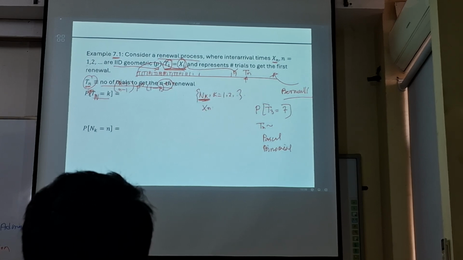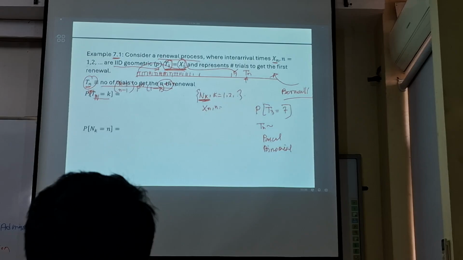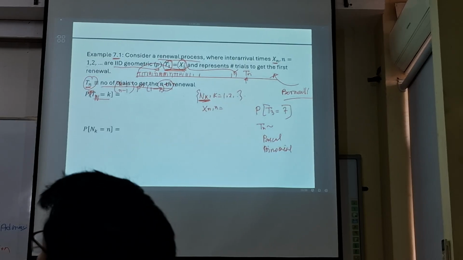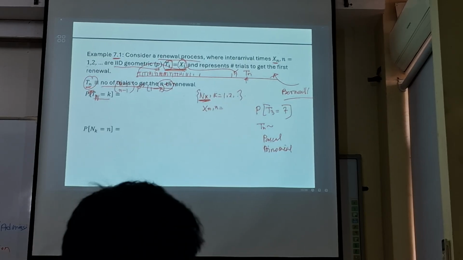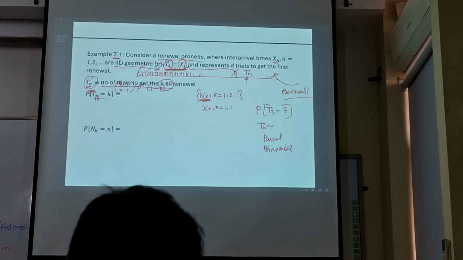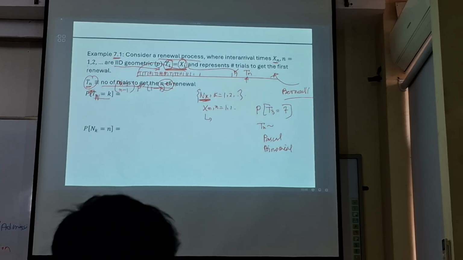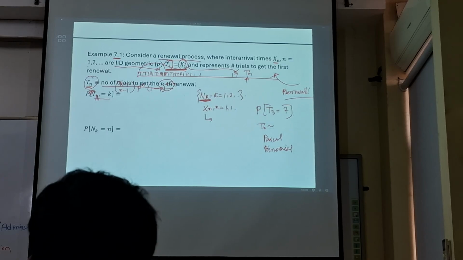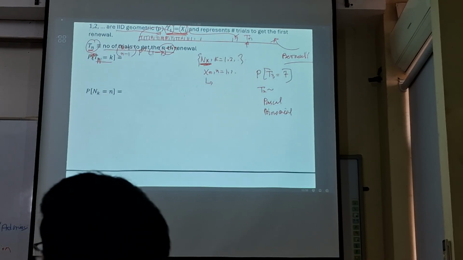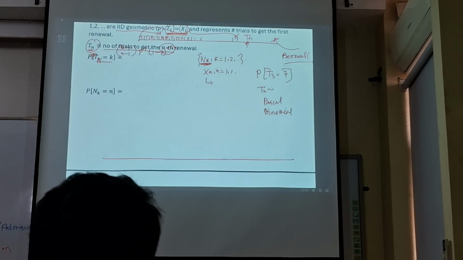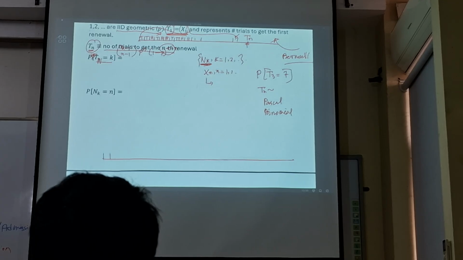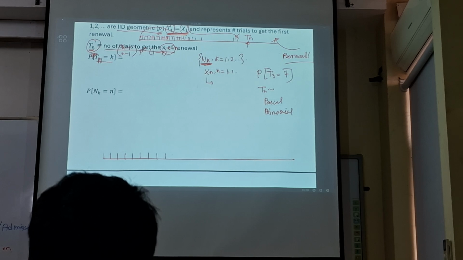If this is the renewal process, we have another quantity of interest, X of n, n equal to 1, 2. What is X of n telling you? I think I could not make it clear. You are tossing, right? We are considering a Bernoulli process.